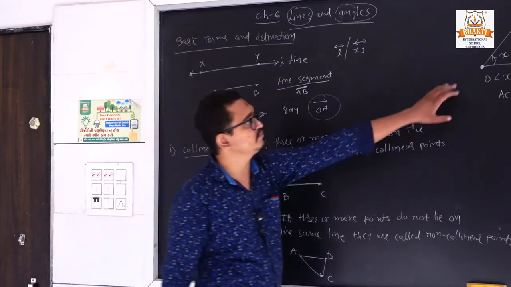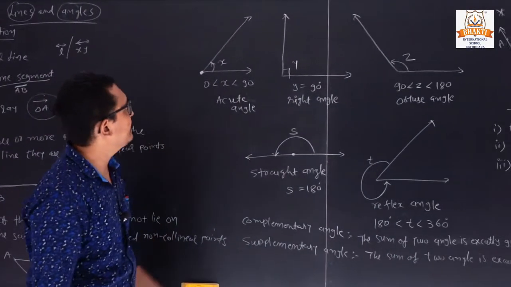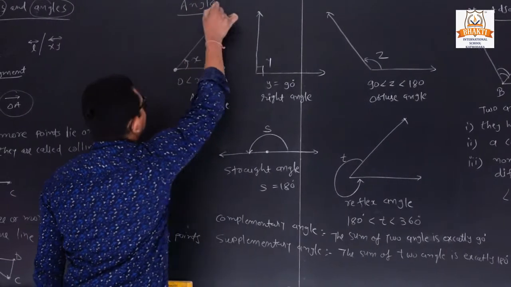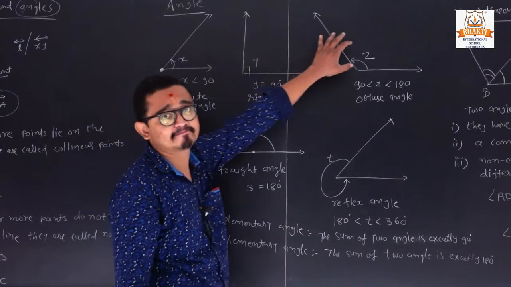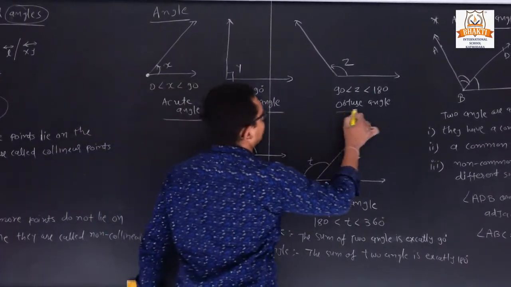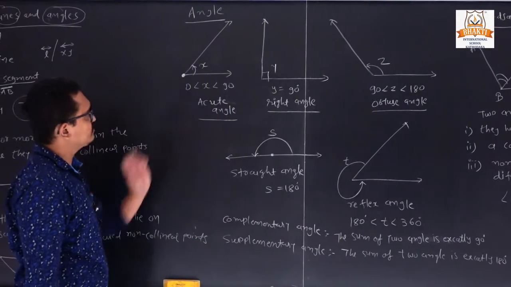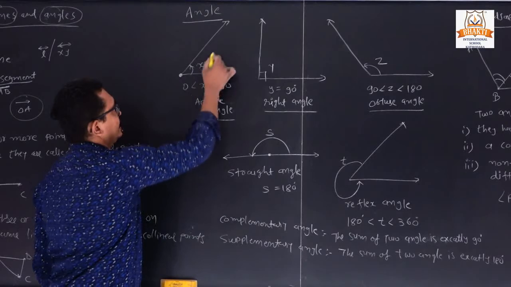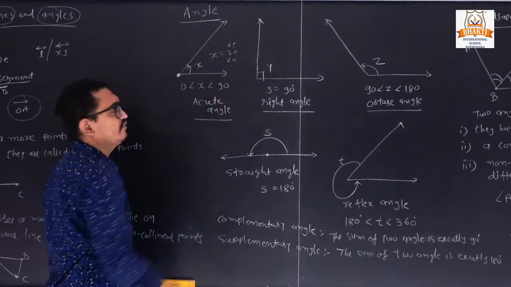Now next, we are going to start angles. You are familiar with these three angles from the previous standard: acute angle, right angle and obtuse angle. Acute means what? The angle is between 0 to 90 degrees, like x is equal to 30, or 60, or 45, any one of them.